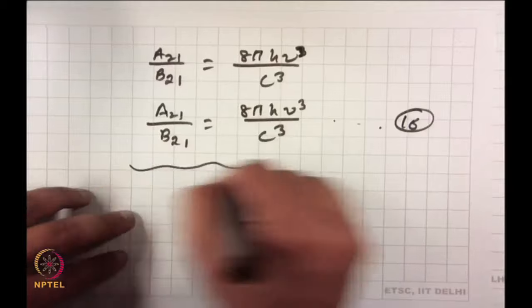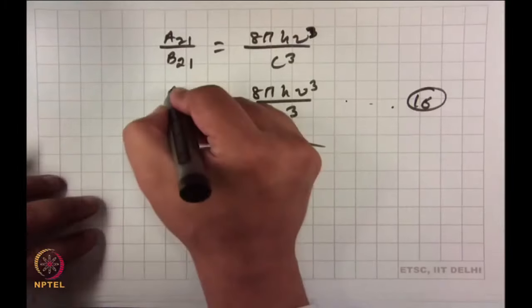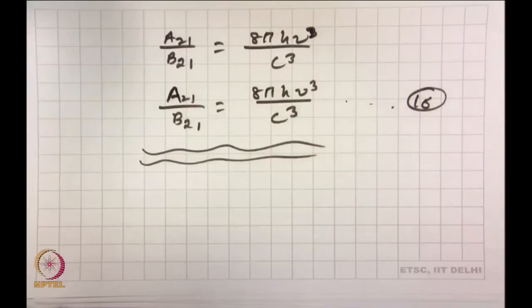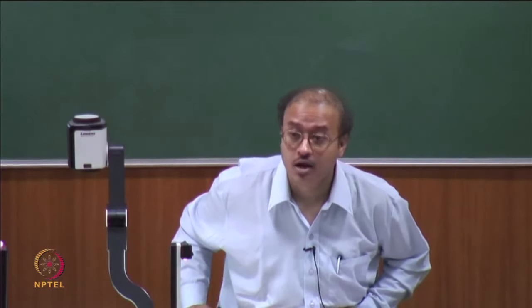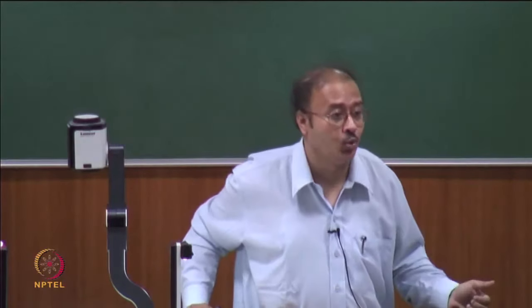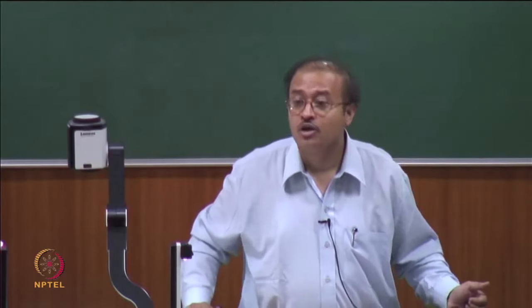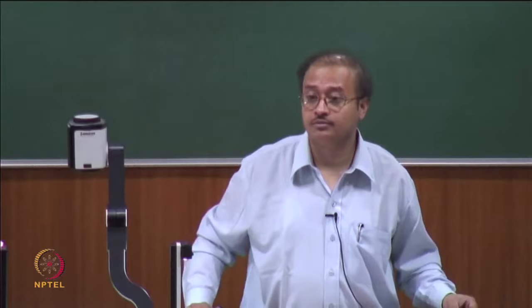Okay. Now, look at the importance of this. Here what you are looking at is the ratio of two rate constants. A is the spontaneous rate constant, B is the stimulated one. 8 pi h over c cube is a constant, everything is constant. What is the variable? Nu cube. That means the higher is your nu, which one would be more, spontaneous or stimulated?